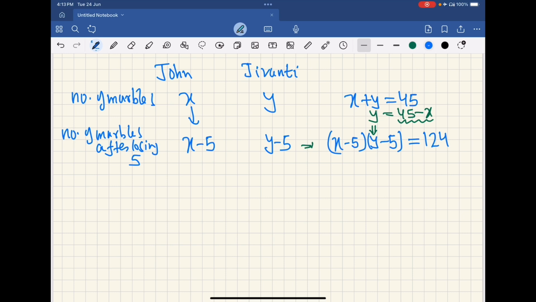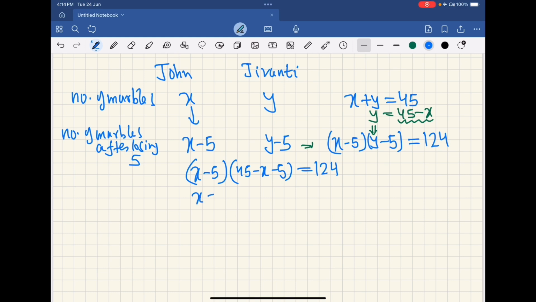So substituting the value of y in this equation, we will get (x minus 5) times (45 minus x minus 5), which is equal to 124.